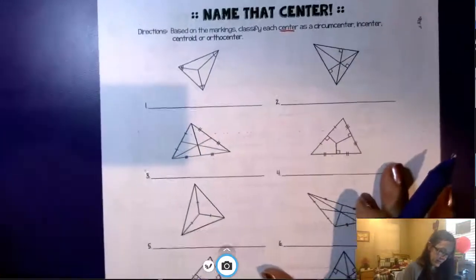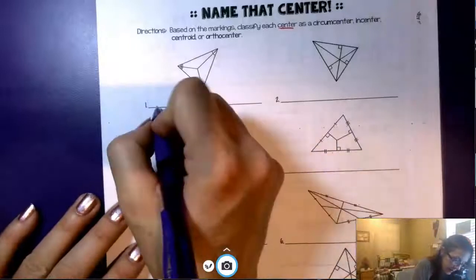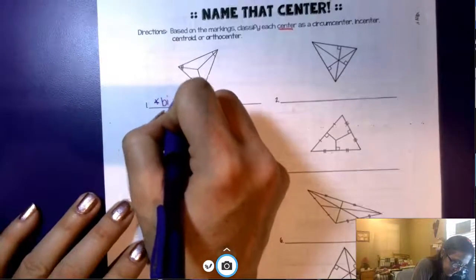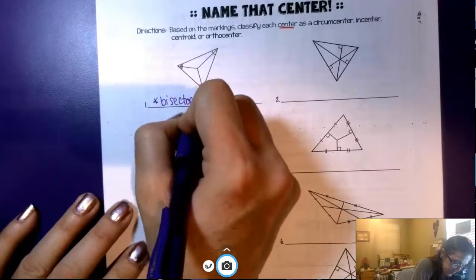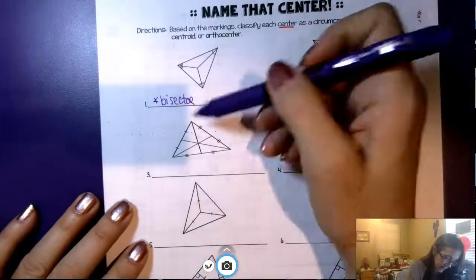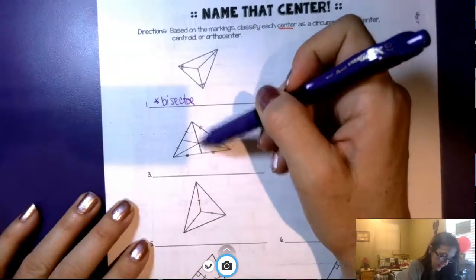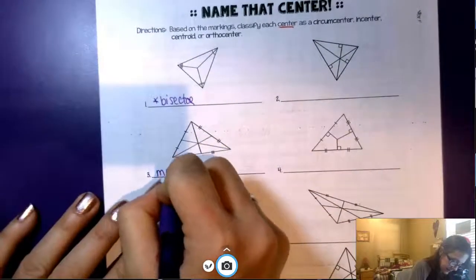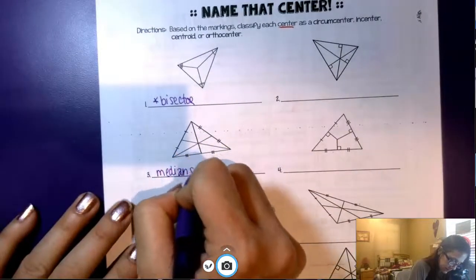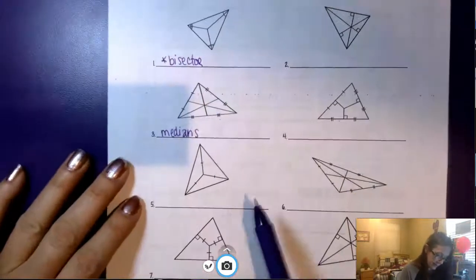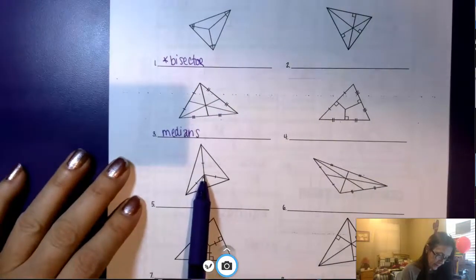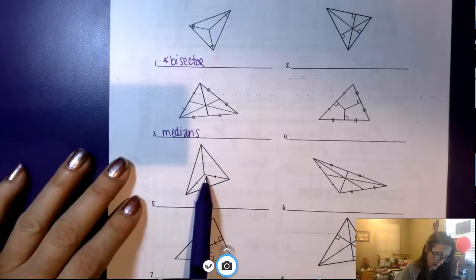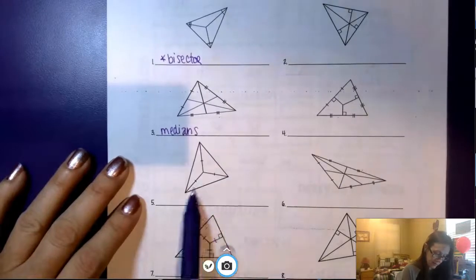So my line here, these are angle bisectors. Okay, these ones came from the vertice to the middle. Vertice to the middle, these ones are going to be medians. Now this one, from the point of concurrency, all to the vertice is equal distance.